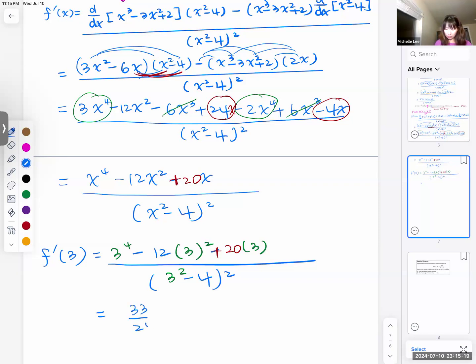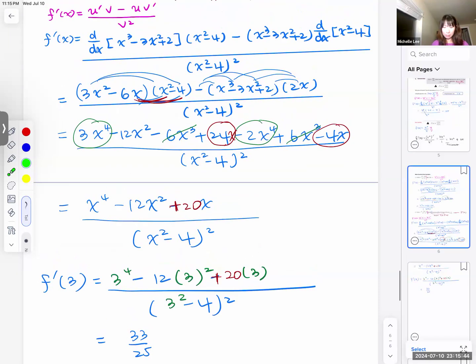Yes? Okay, then we get 33 over 25. And if they ask us the instantaneous rate of change when x equals 3, we don't have to combine like terms, because combining like terms takes more time, more steps.